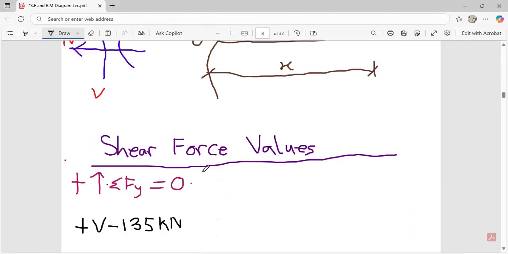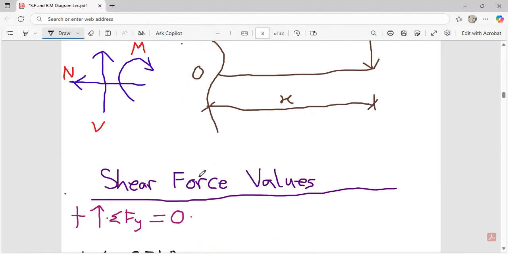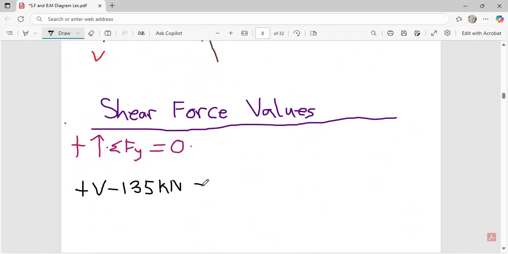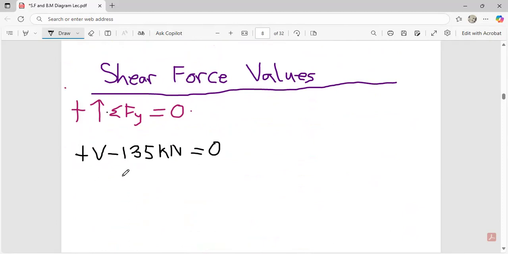Because there is no other body to consider moving in the y-axis, all of this is equal to 0. If you group them, you're going to realize that therefore your V is equal to 135 kilonewton.